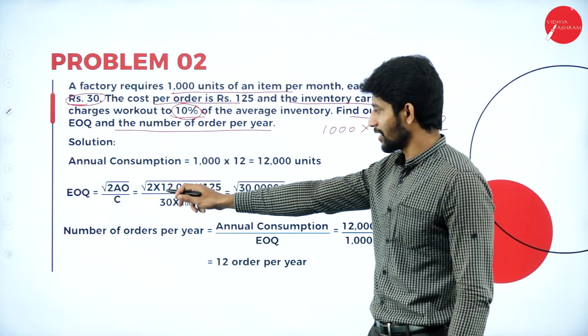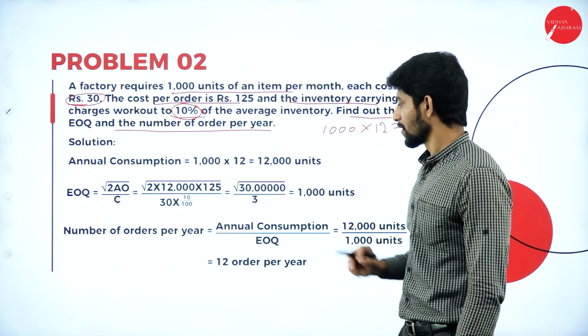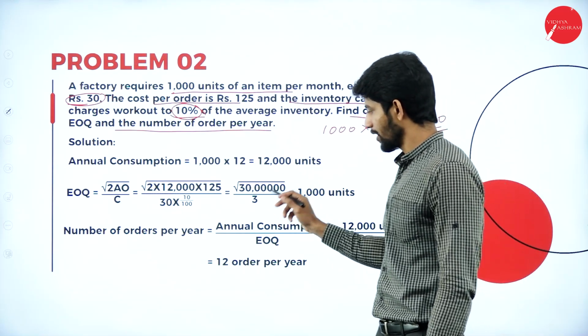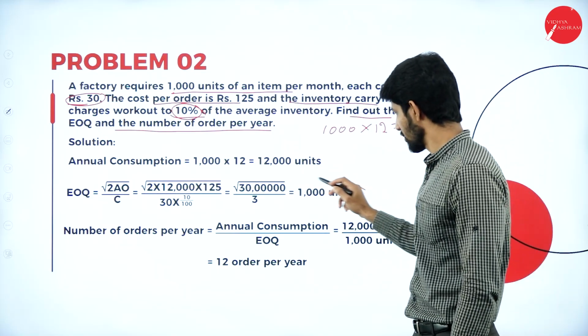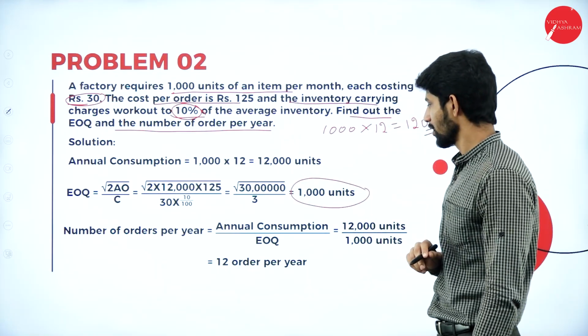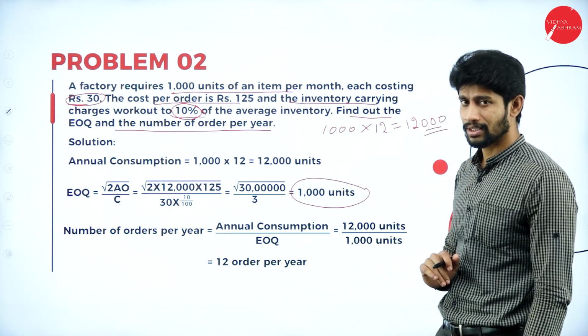If you do the calculation, 2 into 12,000 into 125, you will get 30 lakhs divided by 3, since 10% of 30 rupees is 3. You will get the answer of 1000 units. So the economic order quantity is 1000 units.